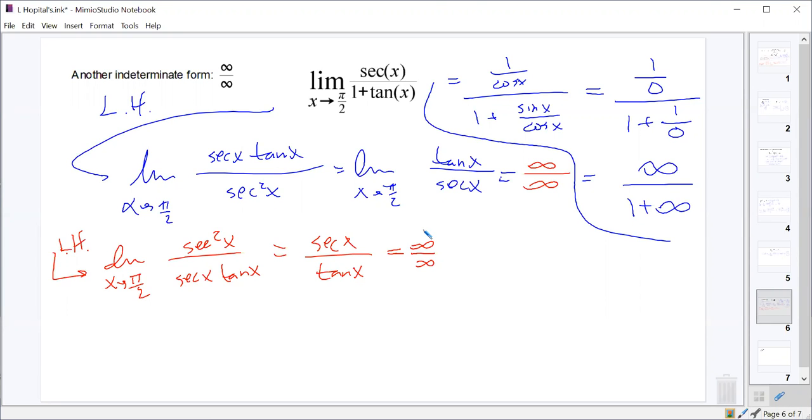True? True. Yeah, so what should we do? Should we just take another derivative, top and bottom again?